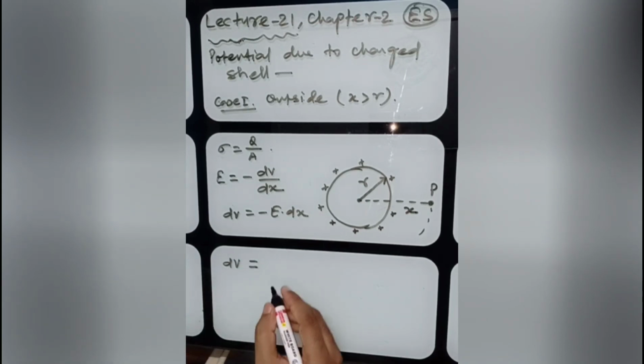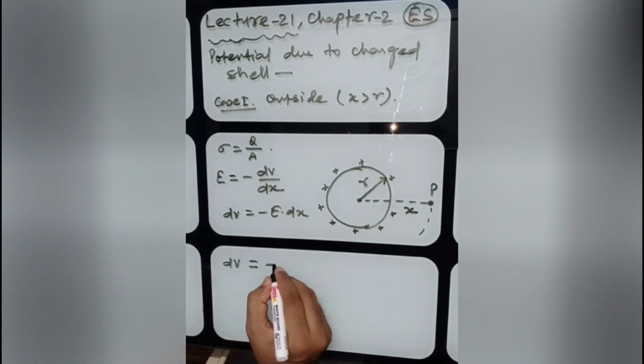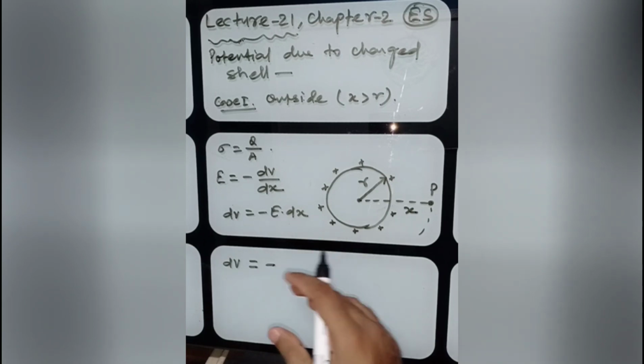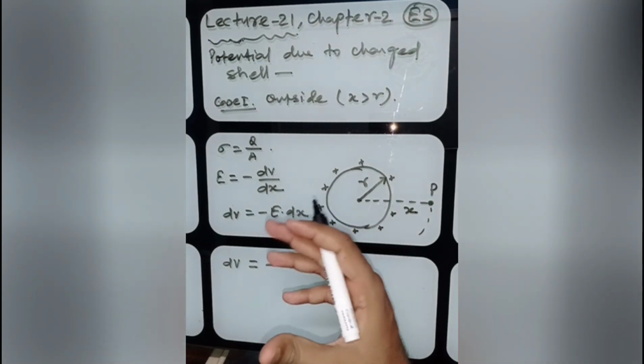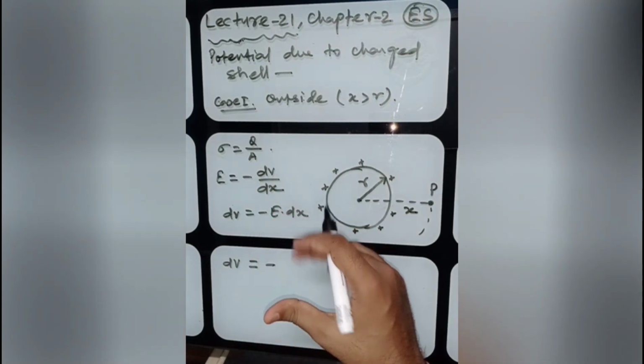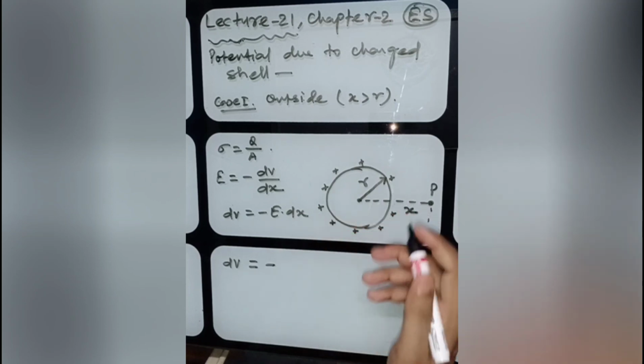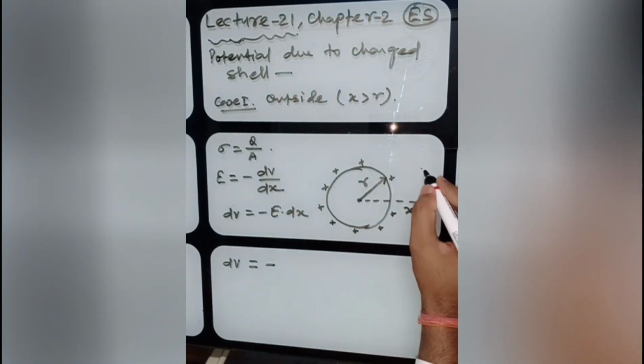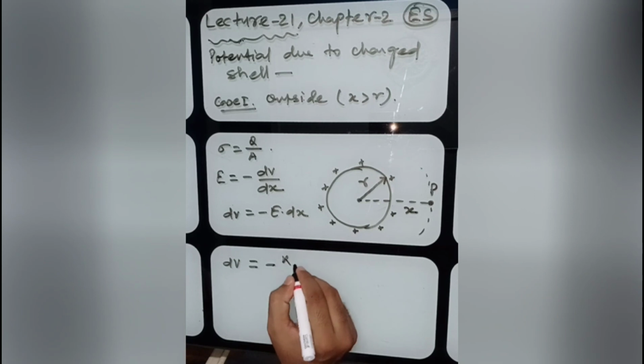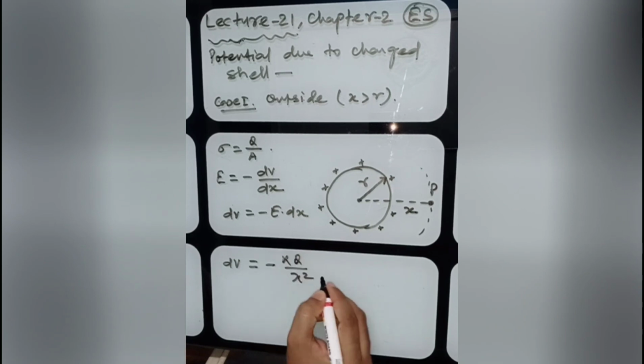We have to find the potential dV. Here minus E, that is the electric field. Try to recall what electric field we wrote over there. Yes, it was kq by x square outside the cell. Now times dx.